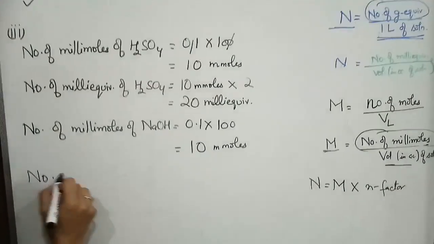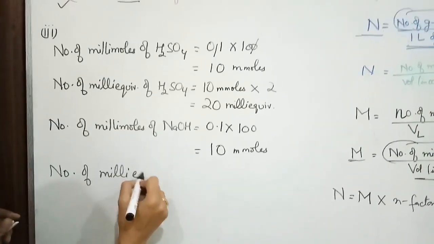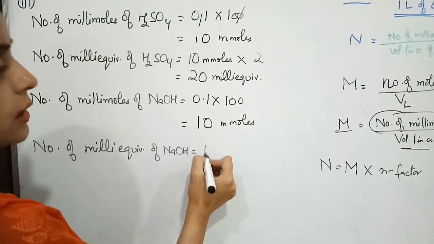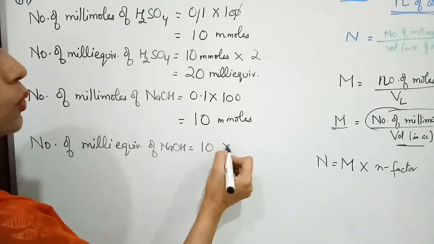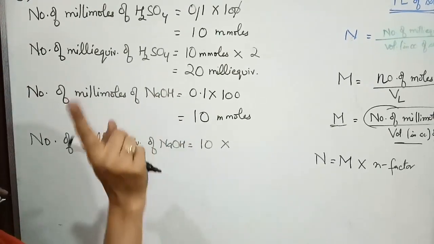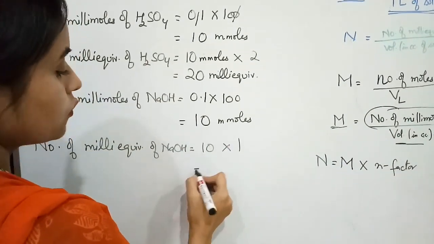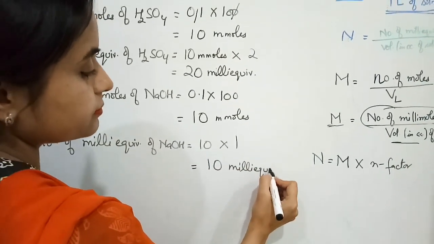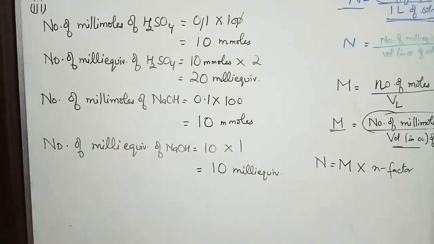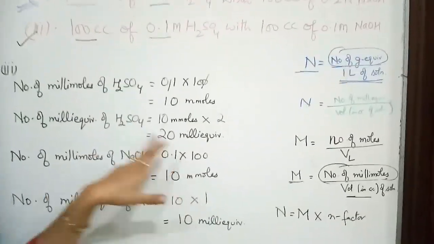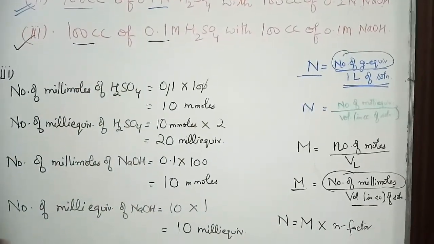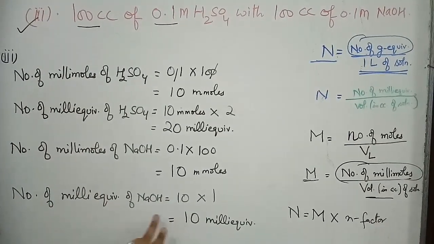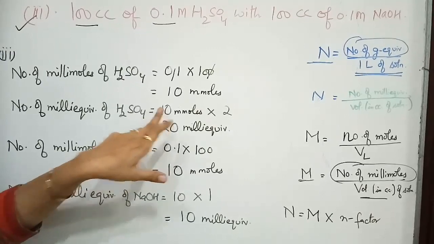Similarly, number of milli equivalents of NaOH is 10 millimoles into its acidity. Since NaOH has only one OH negative, its acidity is 1. So number of milli equivalents is 10 milli equivalents. Now in the resulting mixture we have 20 milli equivalents of acid and 10 milli equivalents of base. When they undergo neutralization, 10 milli equivalent of NaOH will react with 10 milli equivalent of H2SO4.